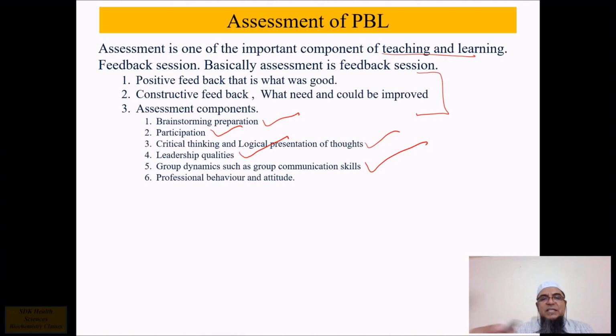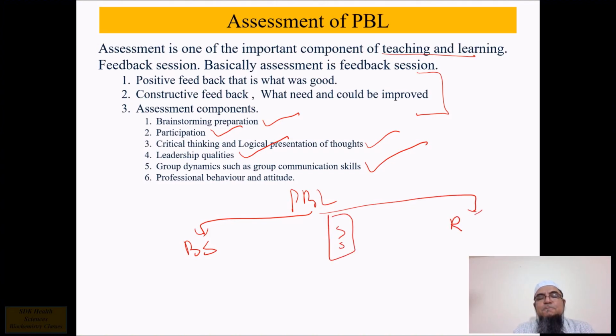So in order to summarize, PBL is a student-centered interactive activity comprised of 2 sessions. One is the brainstorming session, another is the review session, and in between there is a self-study session.